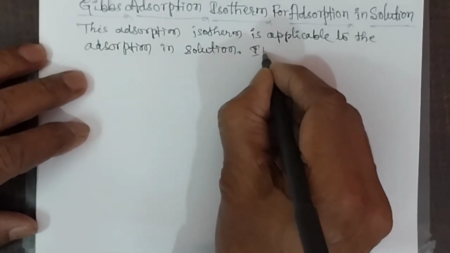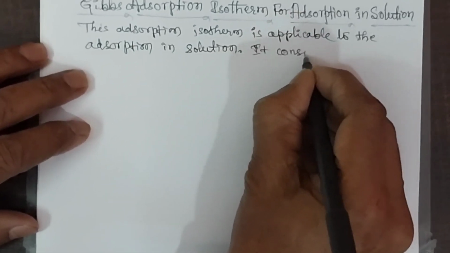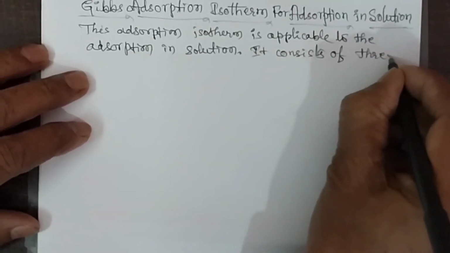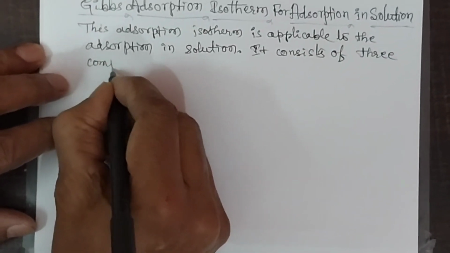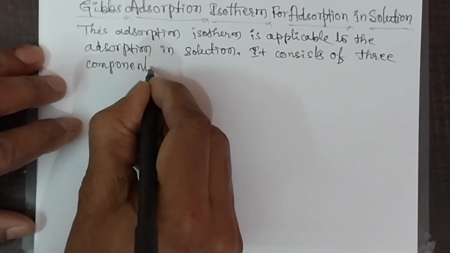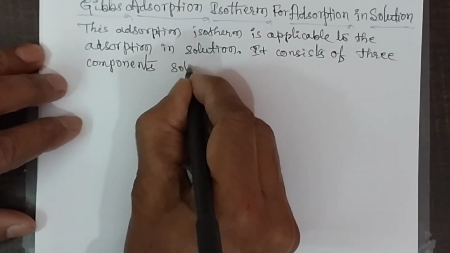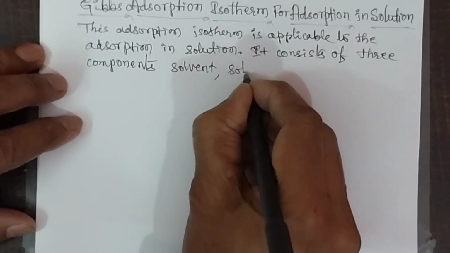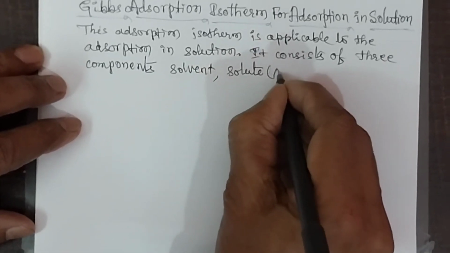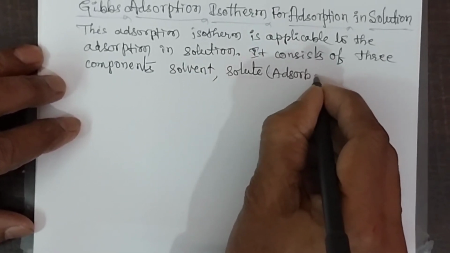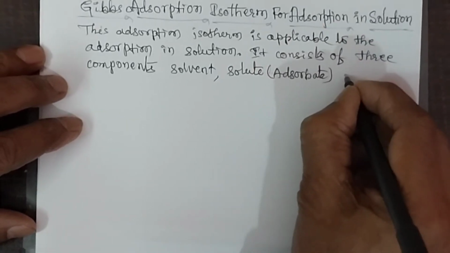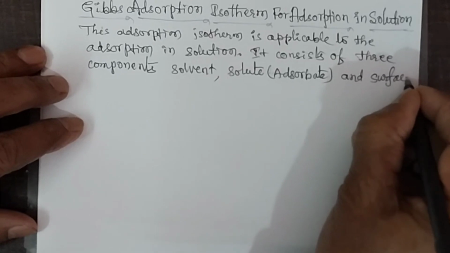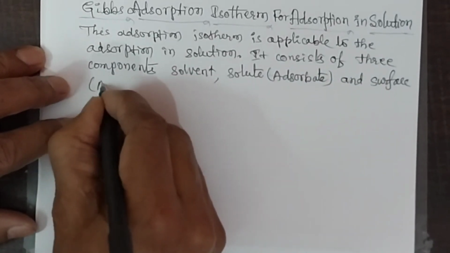It consists of three components: solvent, then solute, which is also called the adsorbate, and surface, that is adsorbent.